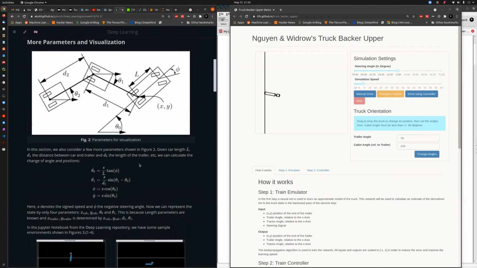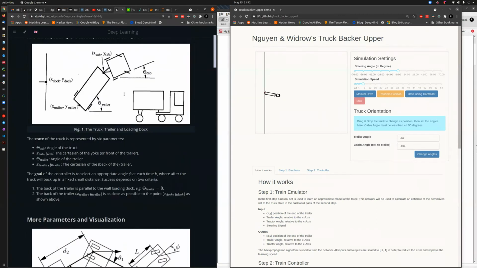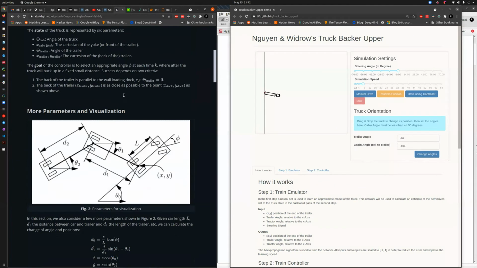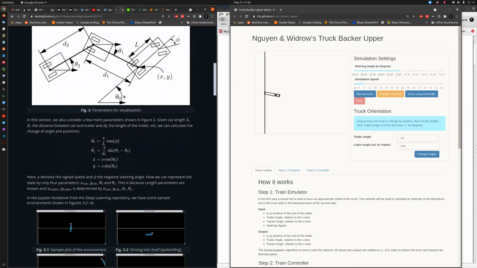Here, theta zero is this angle, which is represented by S over L, the length of the car, and S here is the signal speed, and phi is the negative steering angle.